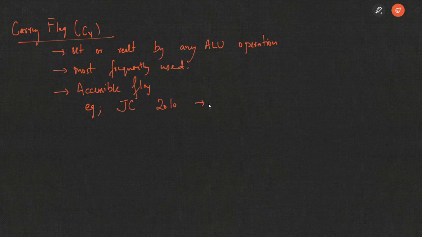This actually means jump to memory location 2010 if carry is set. By set we mean that CY becomes equal to 1, and by reset we mean CY becomes equal to 0.